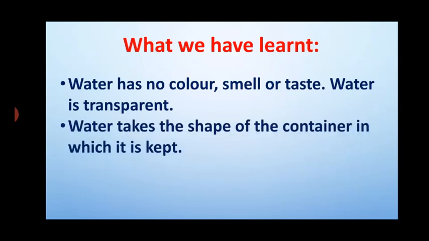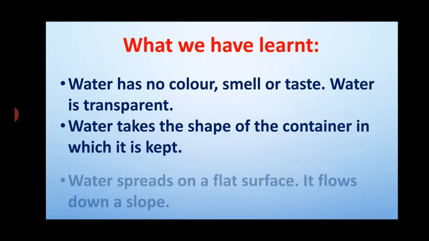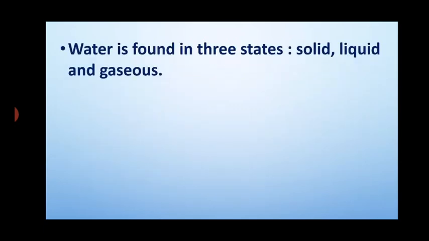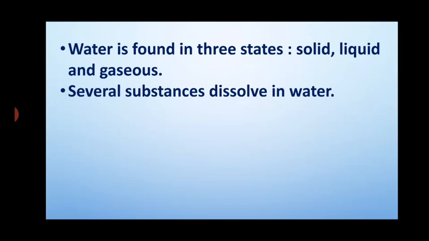Next we saw that water takes the shape of the container in which it is kept. Then water spreads on a flat surface, it flows down a slope. And then the next point we learned is that water is found in 3 states, that is solid, liquid and gaseous. And several substances dissolve in water.